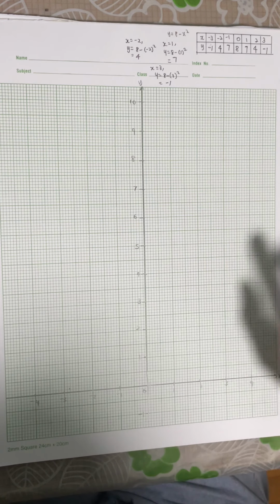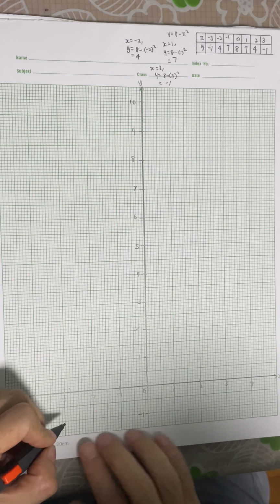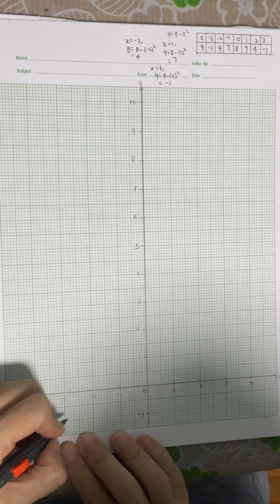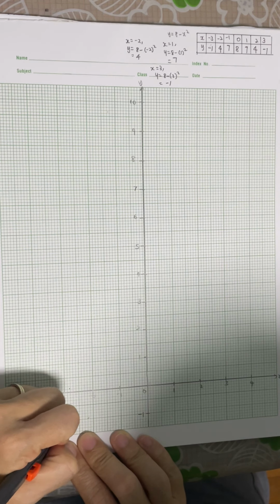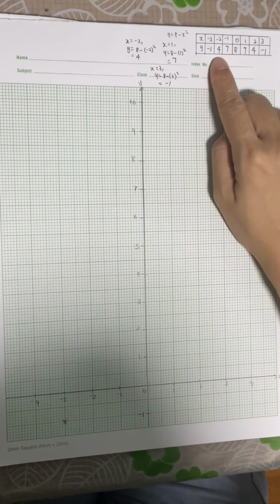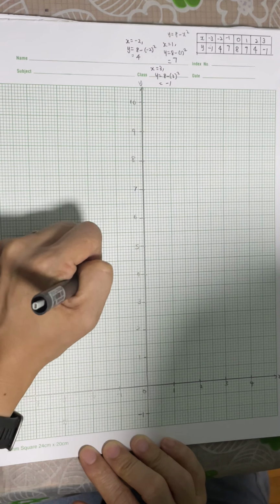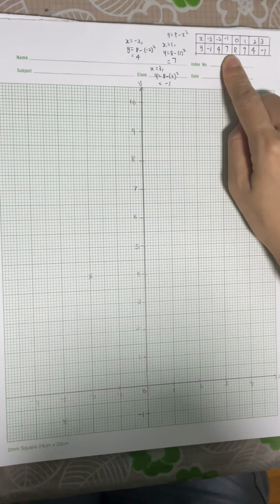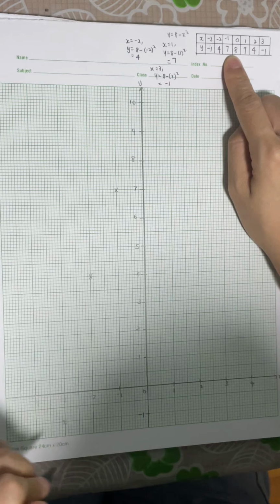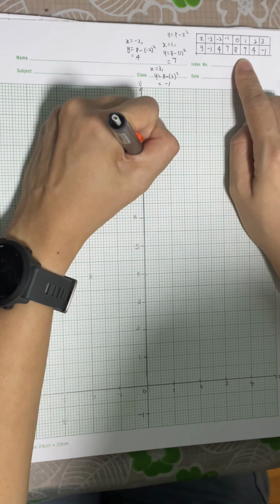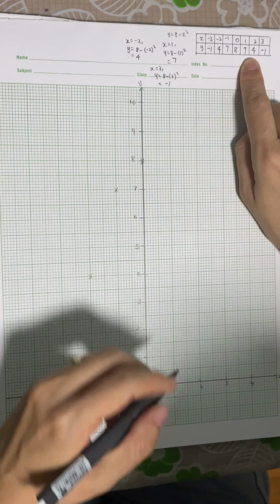Okay, there you go. Now I'm going to plot the points. First one is minus 3, minus 1. Minus 2, 4. Minus 1, 7. 0, 8. 1, 7.